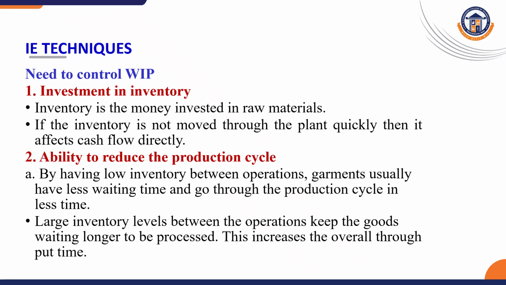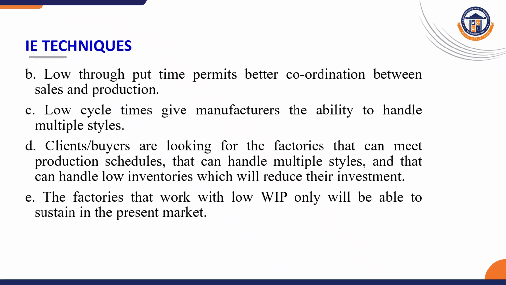Large inventory levels between operators keep the goods waiting longer. More money is blocked in work in progress. This increases the overall time and also the cost of the product. Low throughput time, which is the time needed to make one garment, permits better coordination between sales and production.